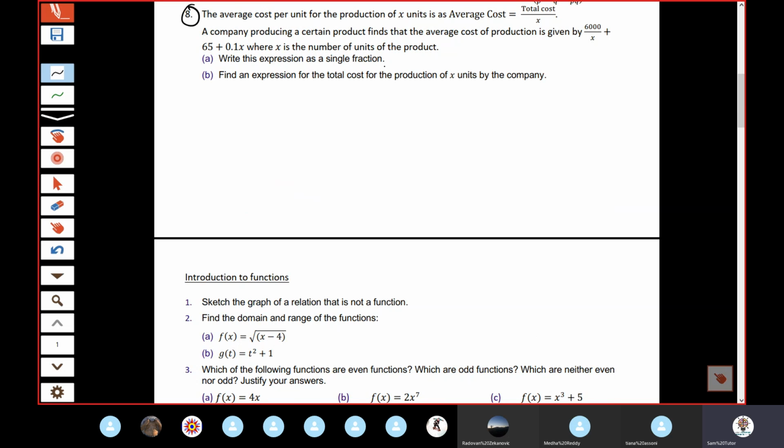Write this expression as a single fraction. So write 6,000 on X plus 65 plus 0.1x as a single fraction.